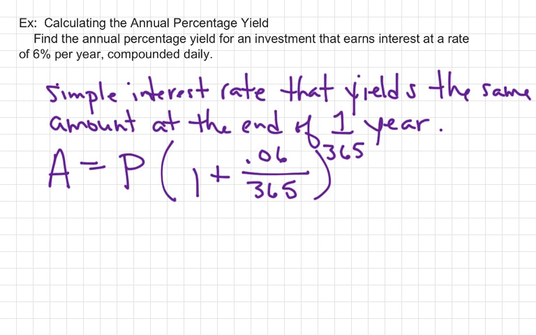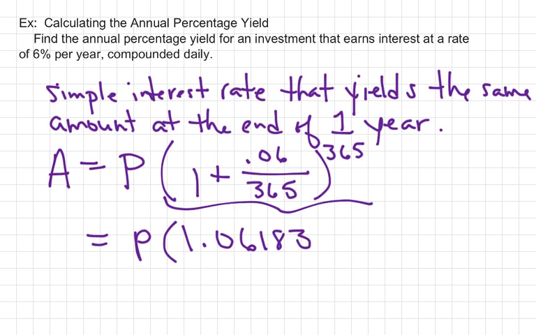Now, what I'm going to do is evaluate this part in my calculator real fast. 1 plus 0.06 over 365 raised to the 365 is approximately 1.06183.